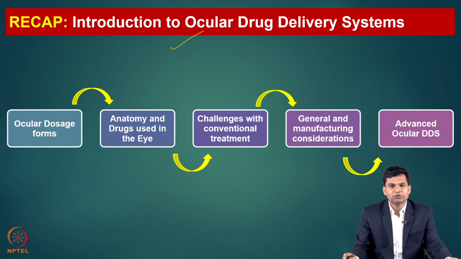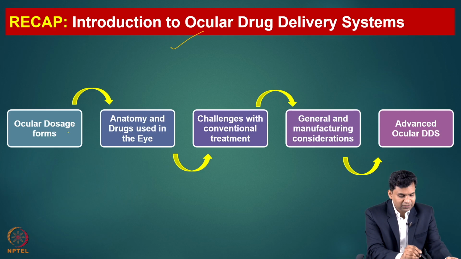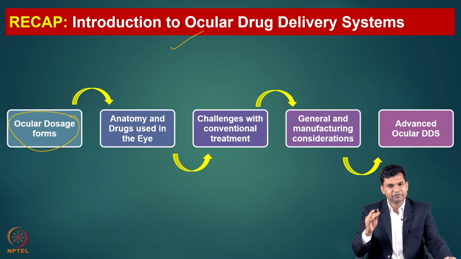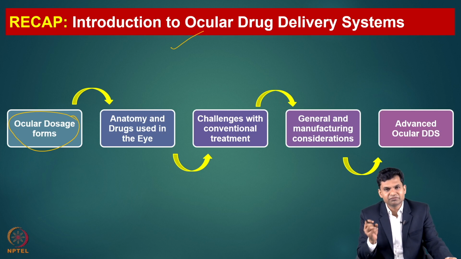In that, we learned what the ocular dosage forms are when compared with the other types of delivery systems, and we learned the importance of ocular dosage forms and some of their ideal characteristics.